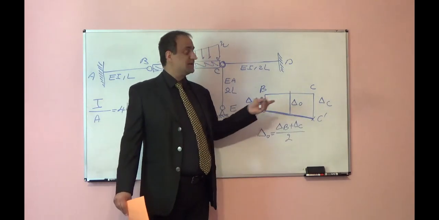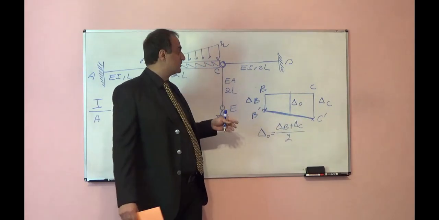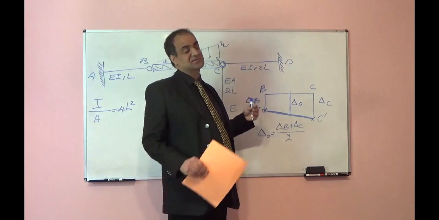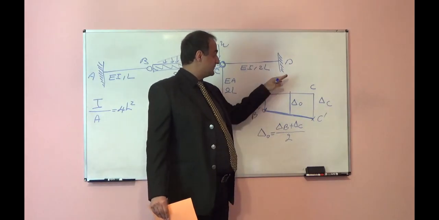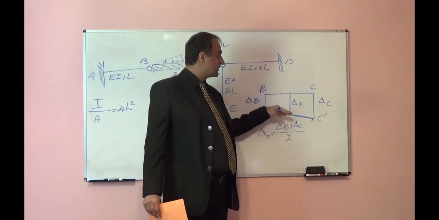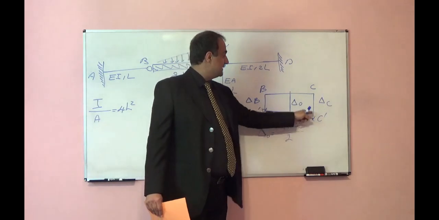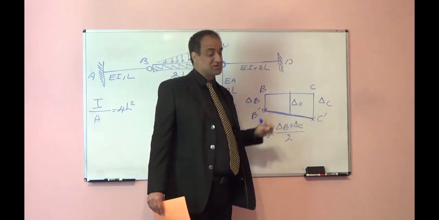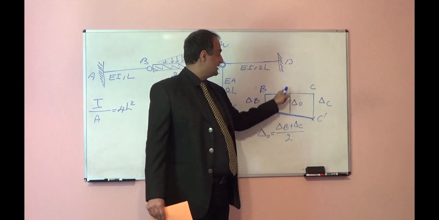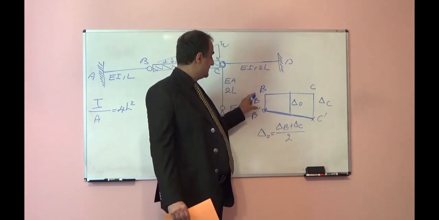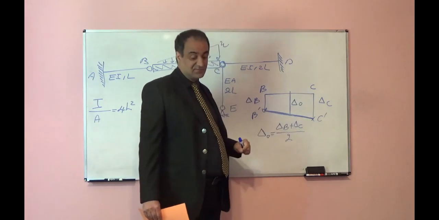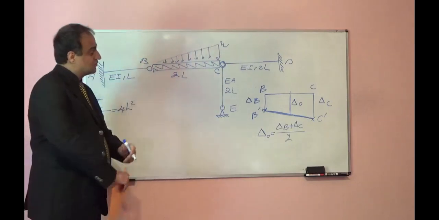Delta B and delta C are not equal, though in some special cases they can be equal. In the general case it will move down and rotate. So we will have a trapezoid shape. The height in the middle will be delta B plus delta C divided by 2.